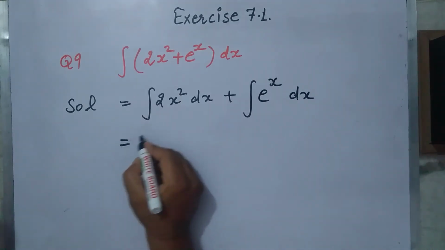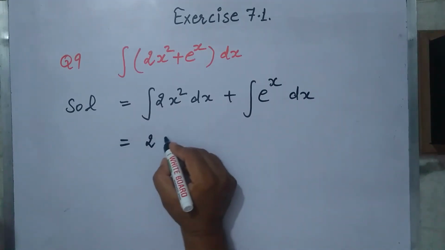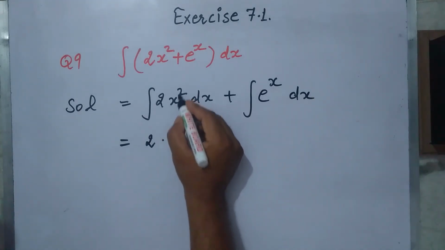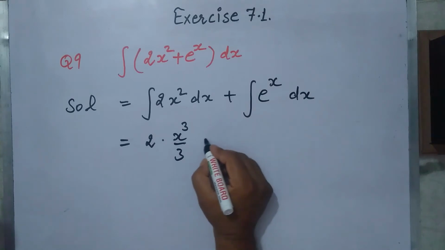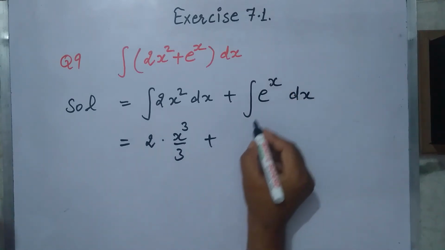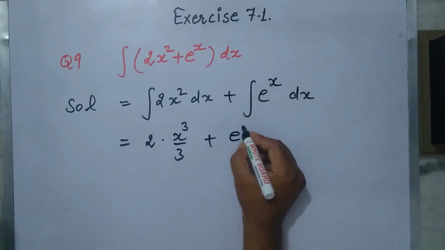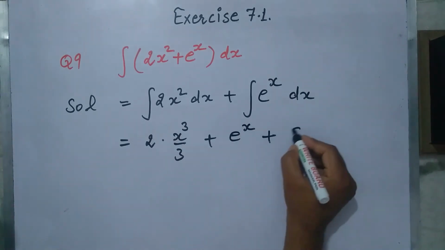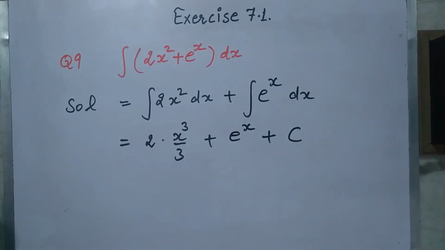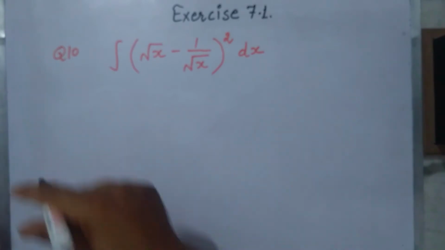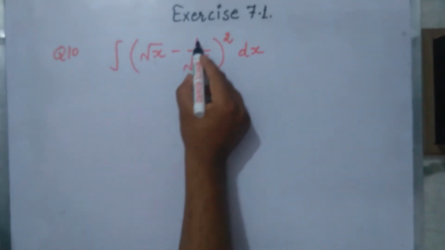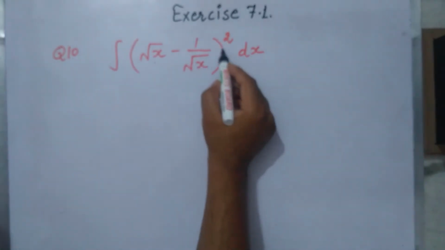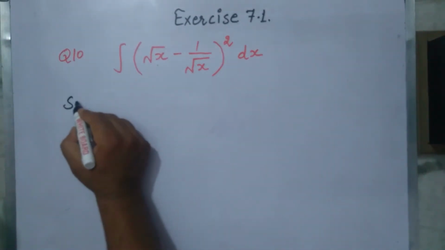So this is equal to 2 into integration of x square, that is x power 3 upon 3, plus e power x, integration e power x, plus c, the constant of integration. Now we have question number 10. Find the integration of square root of x minus 1 upon square root of x whole square.